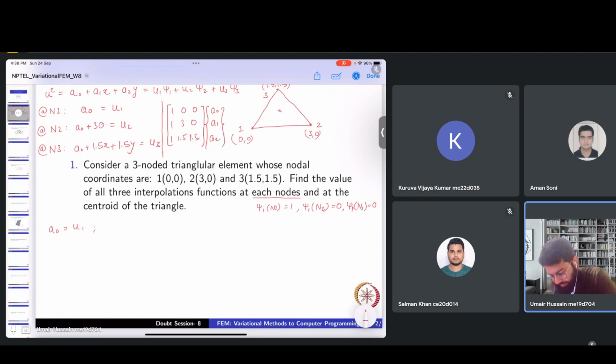Actually, 3 a1 equals u2 minus a0, and 1.5 a1 plus 1.5 a2 equals u3 minus a0. So we have a1 equals (u2 minus u1) by 3, and a2 equals u3 minus u1 minus 1.5 a1, all over 1.5.